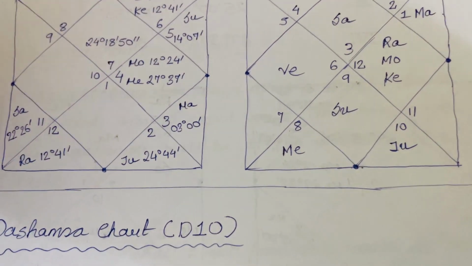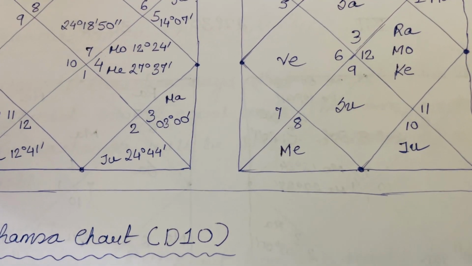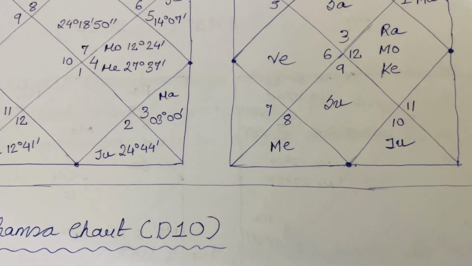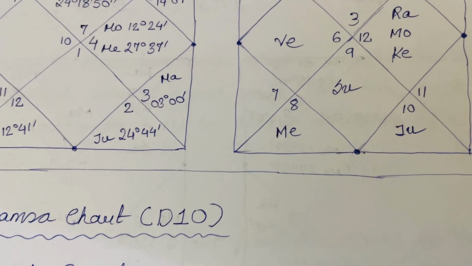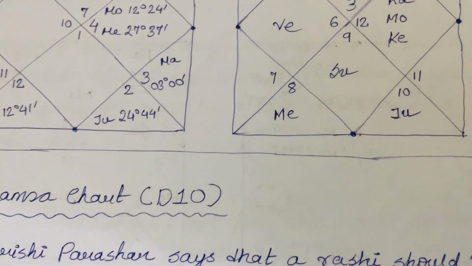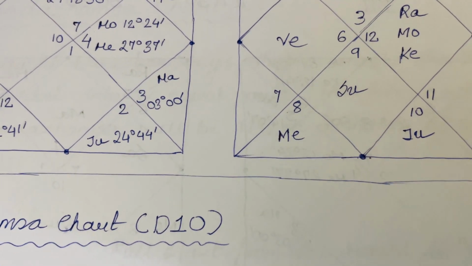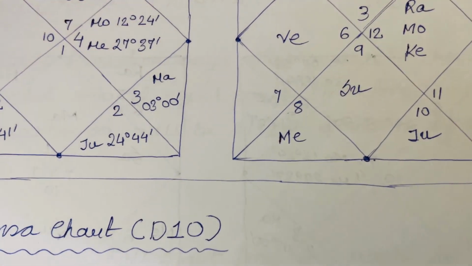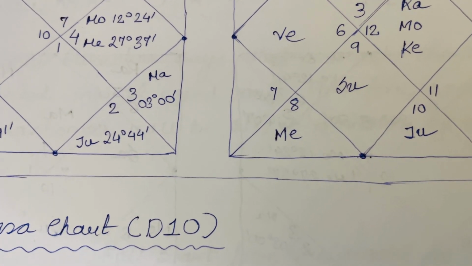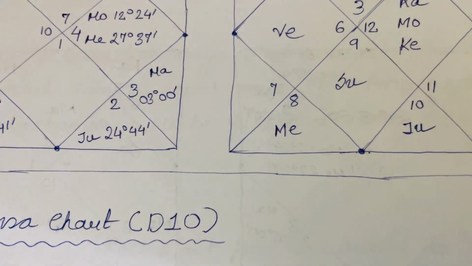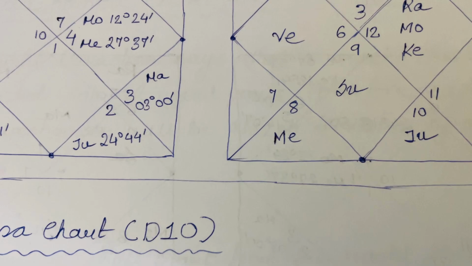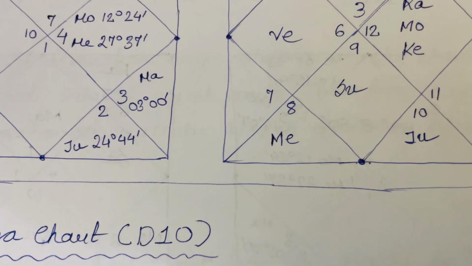The second thing, you found the longitude of the ascendant, right? So the first thing you calculated was the ascendant rising, the lordship of the first house. Second, you manually calculated the longitude of the ascendant.